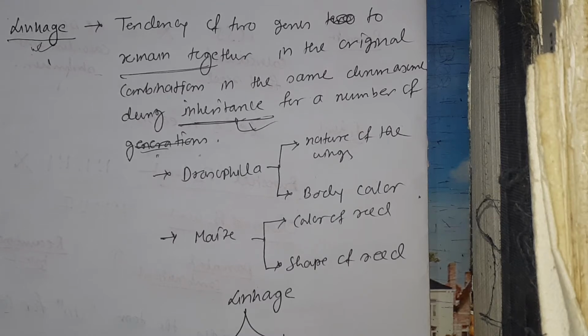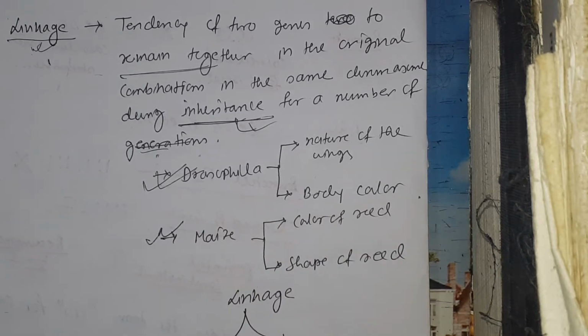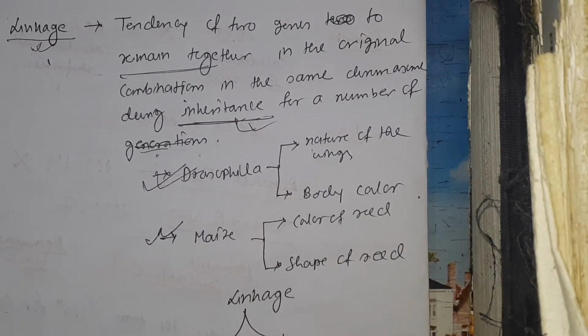So first of all, in which genes do we see linkage? In Drosophila, the genes controlling body color and the nature of the wings are linked, and in maize, the color and the shape of the seed are linked.